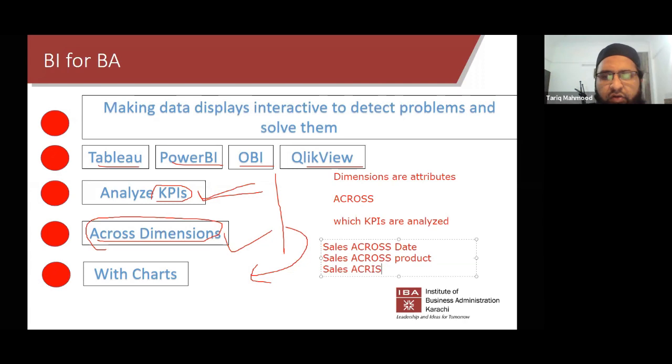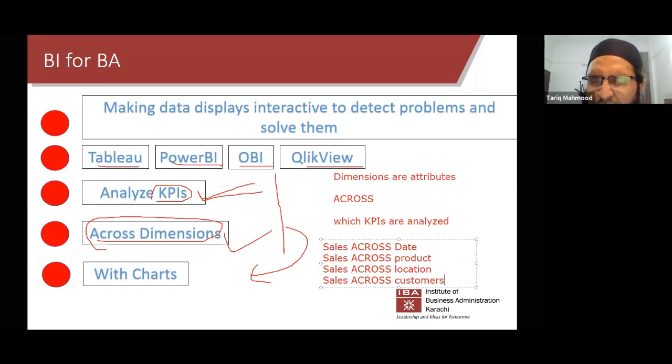Sales across location: sales for Karachi, sales for Lahore, sales for North Nazimabad, sales for PECHS, sales for Bahadurabad, sales across location. Okay, sales across customers: total sales for gold customers, total sales for old customers, total sales for young customers, total sales across teenagers, and so on.